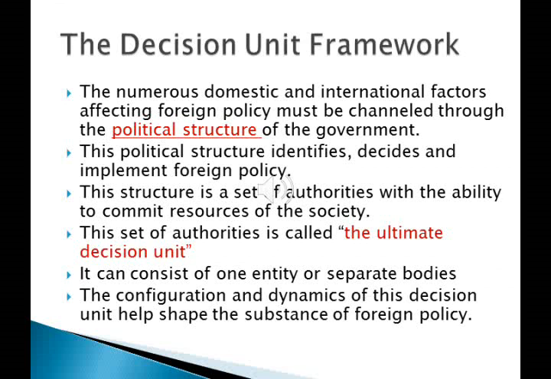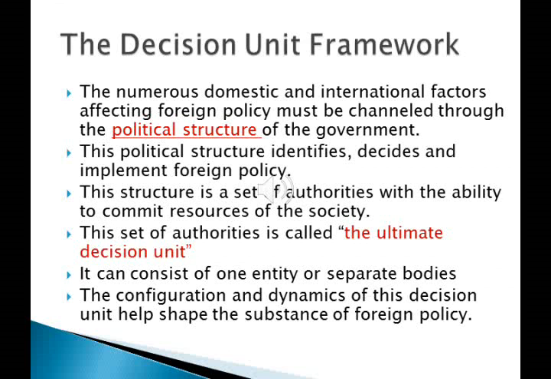In the foreign policy framework, we are interested in knowing who are those authorities making up the decision unit. So we are interested in the configuration and the dynamics of this decision unit.